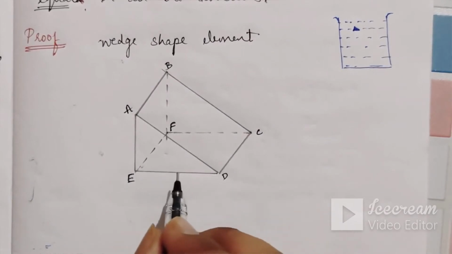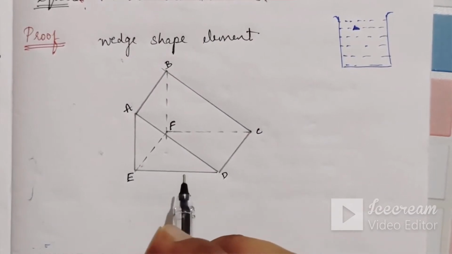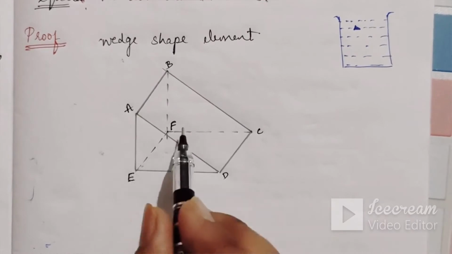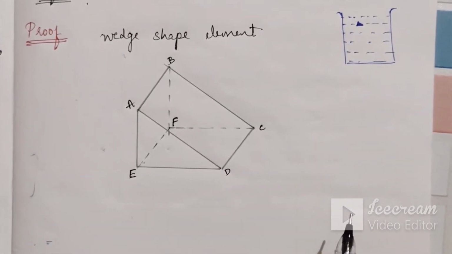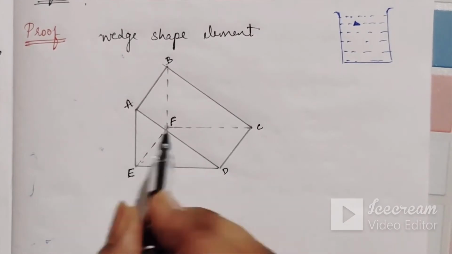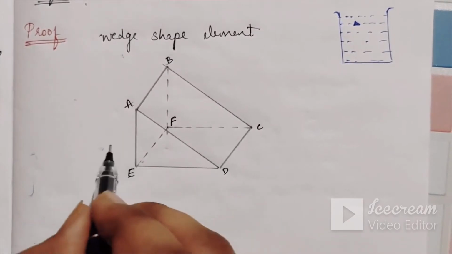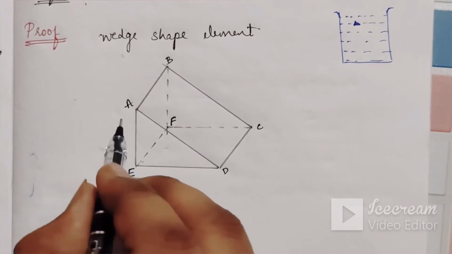Next, what is remaining? Yes, the other face is E, F, C, D. This is in the X direction. So I took a 3D element, so I can show it in 3D.